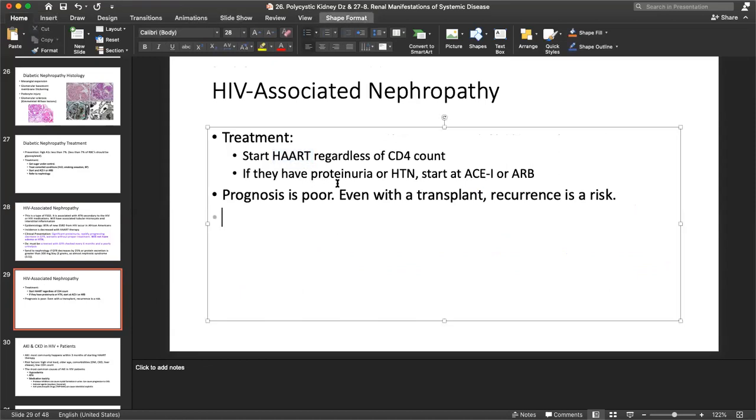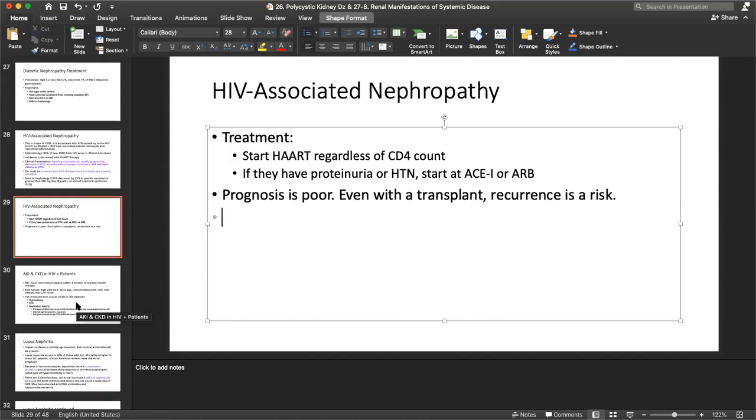If they have proteinuria or hypertension, get them on an ACE or ARB. Prognosis is going to be poor with this. So if they have HIV, let's say their CD4 count is really high, but they're having that rapid decrease in GFR, and it asks you what the treatment is, start them on HAART.